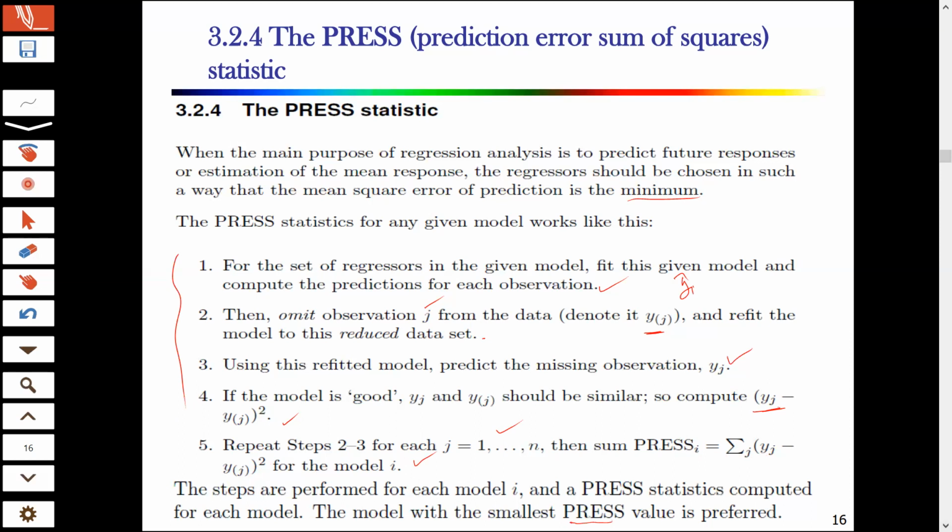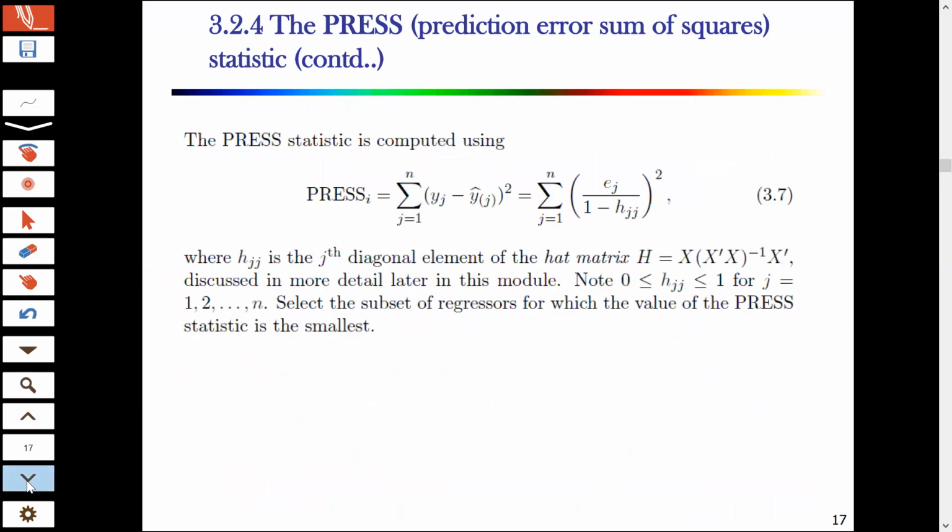So that means you need to fit each model first and then calculate the Press statistic, and then select the model which has the lowest Press. Look at the definition here. Ej is the error residual, divided by 1 minus Hjj.